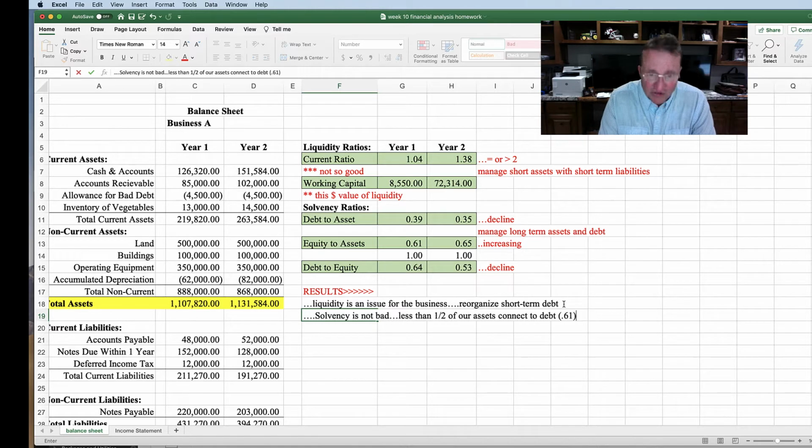Now, sometimes you can look at these as a percentage. So that's 0.61 that you saw up there. That's also 61% if you want to talk about a percentage when you're using the items in analysis. So it's not too bad. Solvency is not bad. Only 39% of our assets are connected to debt. 61% are not connected to debt. And this improves over time.